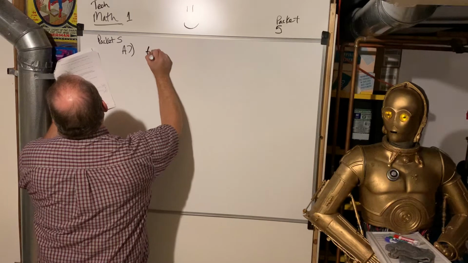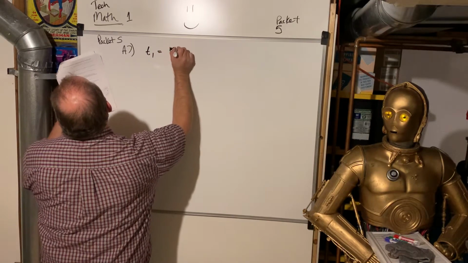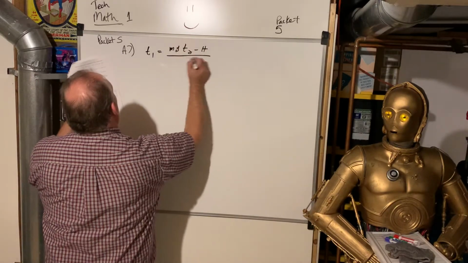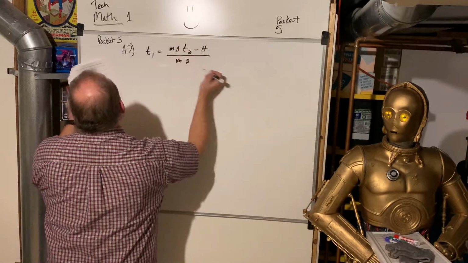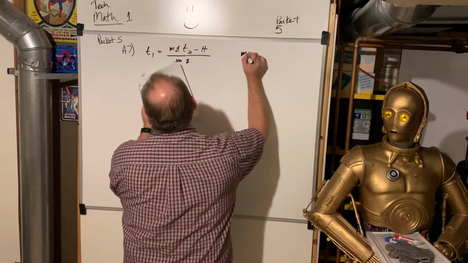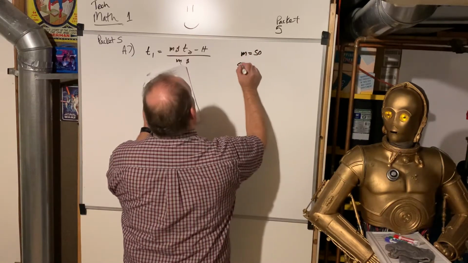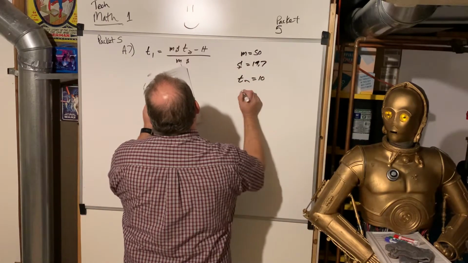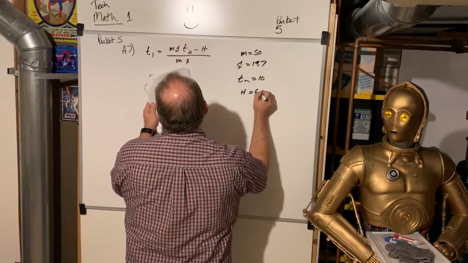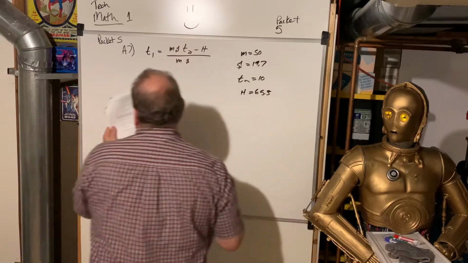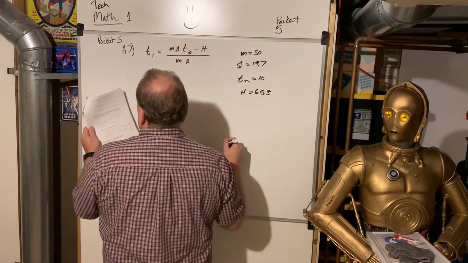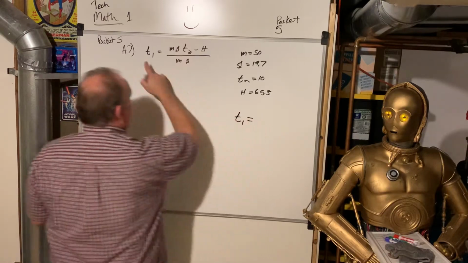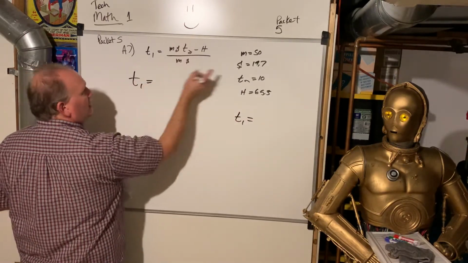And so it says T sub 1 is equal to MS T sub 2 minus H all over MS. And then they tell you M is equal to 50, and S is equal to 19.7, and T sub 2 is equal to 10, and H is equal to 65.5. And basically, they just want you to substitute in everything. Oh, and T sub 1, find T sub 1. So they want me to find T sub 1, and they gave me all of this information.